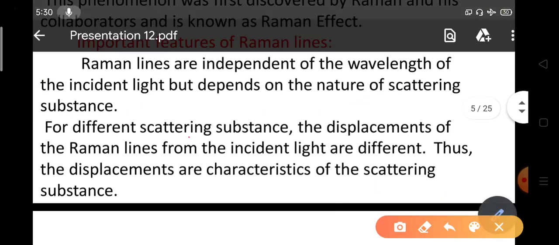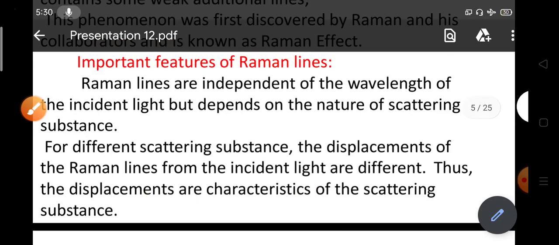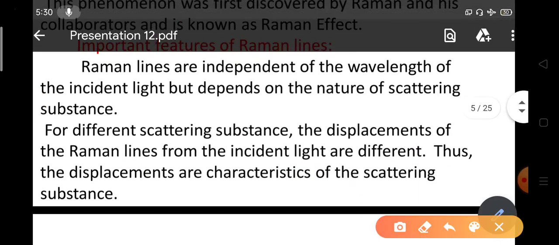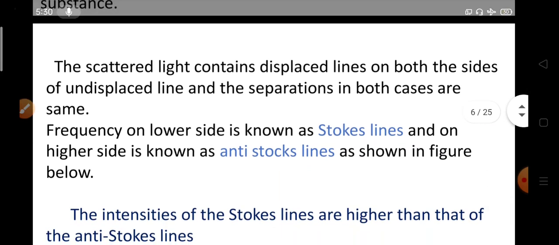So for different scattering substances, the displacements of the Raman lines from the incident line are different. Thus, the displacements are characteristic of the scattering substance. So it is independent of the incident wavelength, rather it is dependent on the molecules or characteristics of the substance. So it is a fundamental effect which can reveal the properties of the substance.